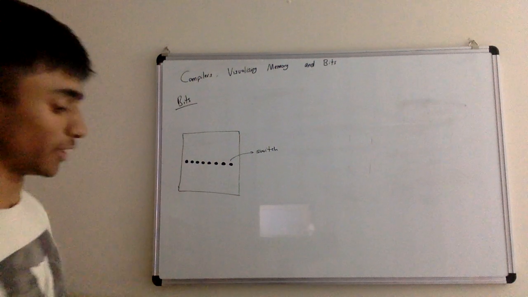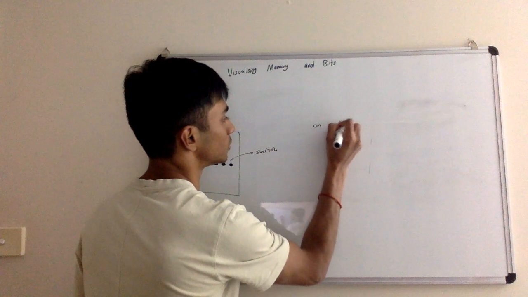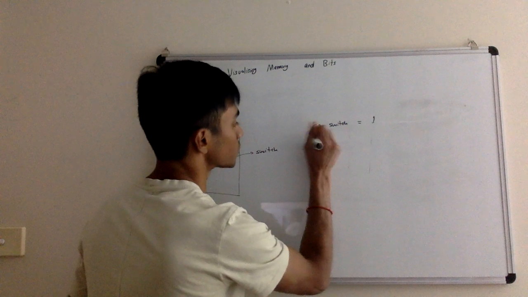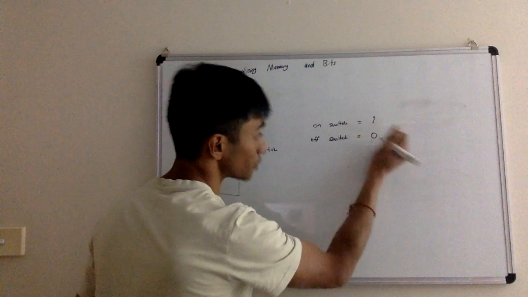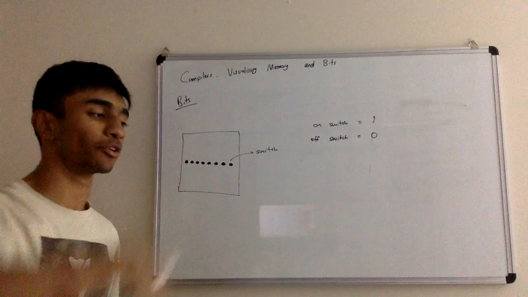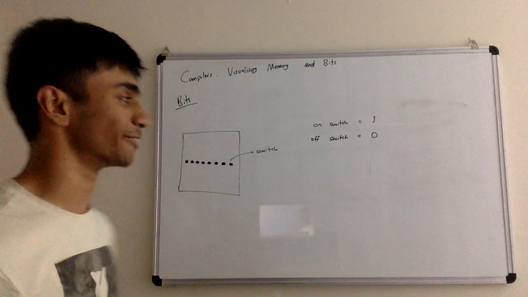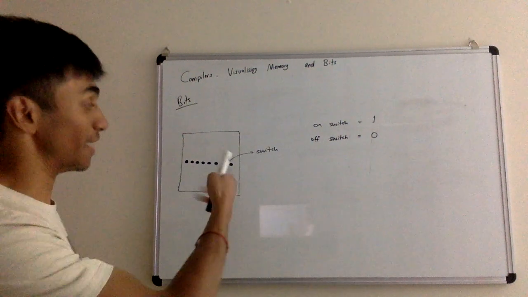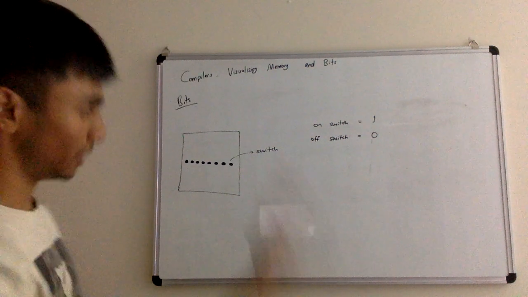An on switch represents a 1, and an off switch represents a 0. How these switches are actually turned on or off is very high-level circuitry, so we don't really think about it. It's easier to visualize: just imagine the computer is capable of physically switching a toggle up or down, on or off.